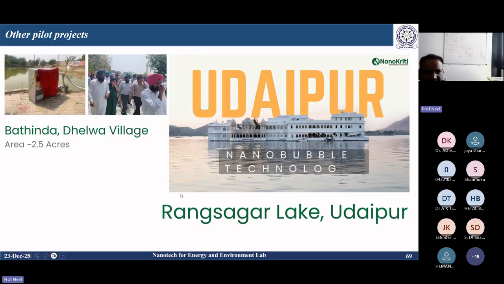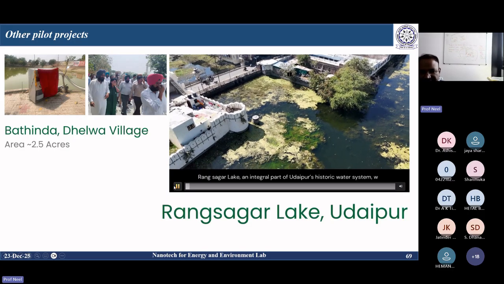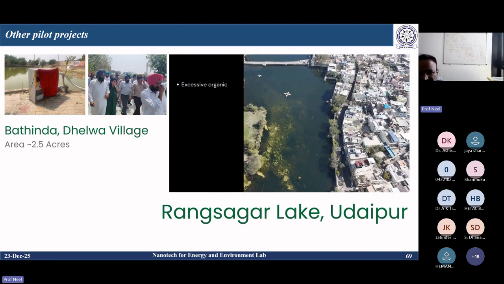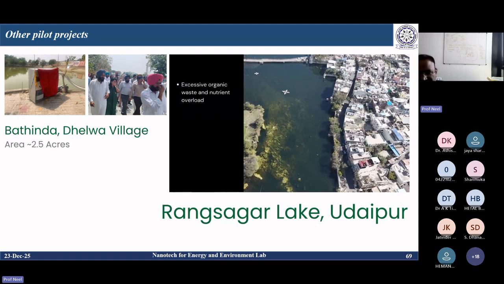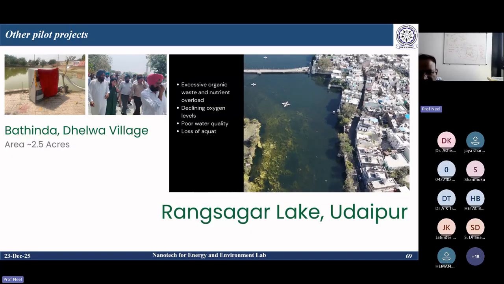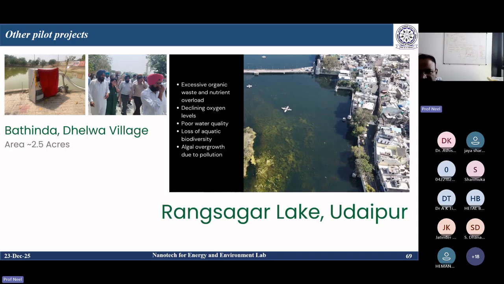So let me check, yeah, here. You can clearly see the condition of the lake. The entire lake was completely filled with the water hyacinth and a lot of other things in the system.